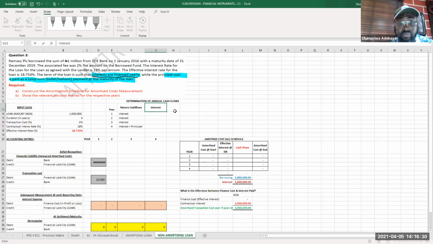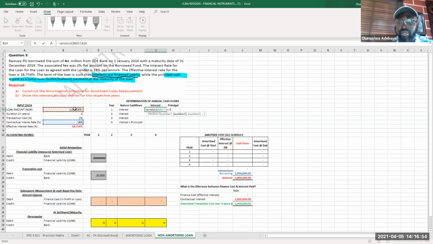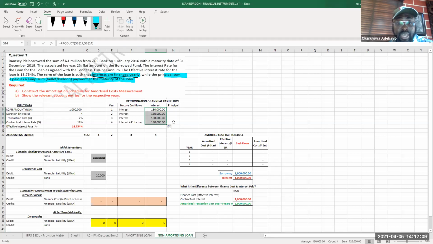Interest and principal. Interest we have to pay every year is a fixed percentage, 18%, which we lock, multiplied by the loan amount. We pay this amount as interest for the 4 years. And at the end of the 4th year, we pay back the principal.